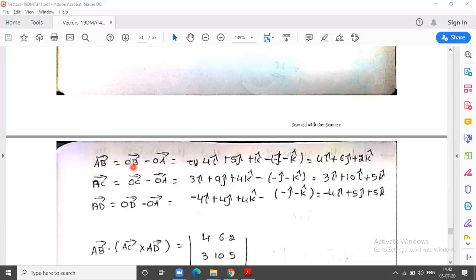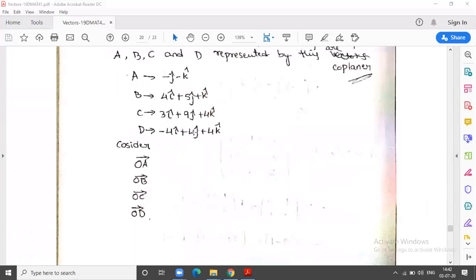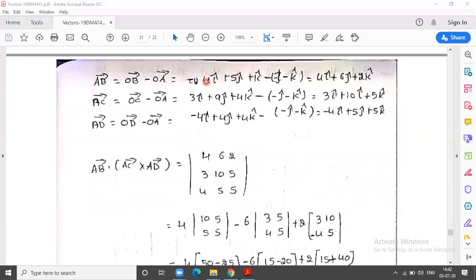The terminal point you have to take first and the initial point at the end, with a minus. Just subtract the vector OA from OB. OB vector is 4I plus 5J plus K and OA vector is minus J minus K. So 4I plus, there is no I term in OA, so 4I as it is. 5 minus of minus J will become plus 6J. K minus of minus will become plus 2K.